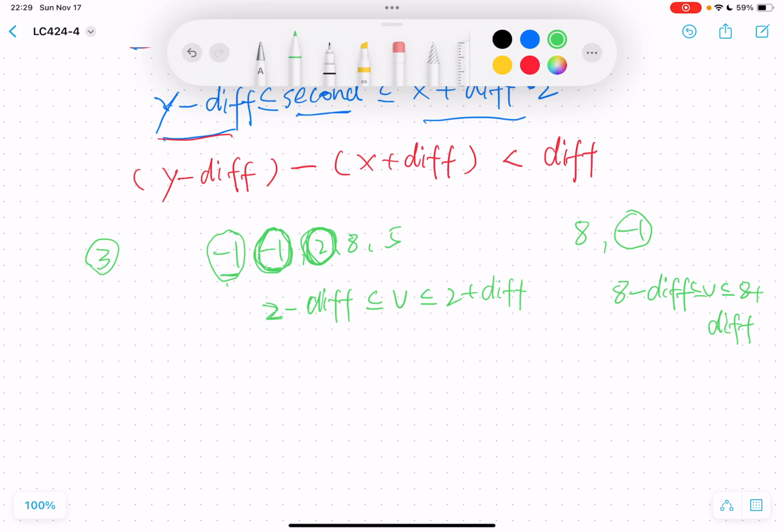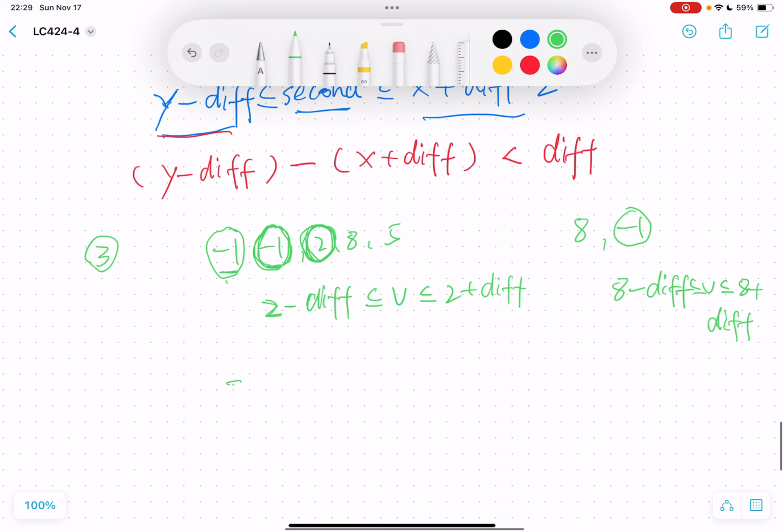In the third situation, we can always find the suitable data range, I mean, left and right.